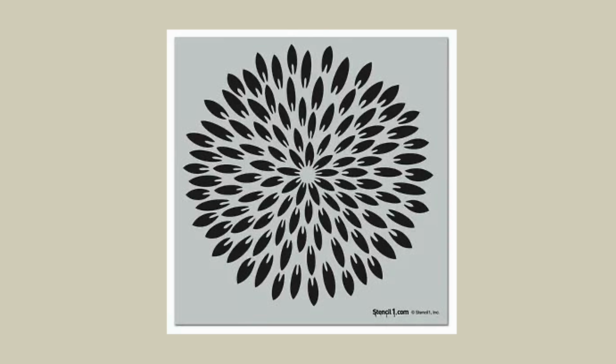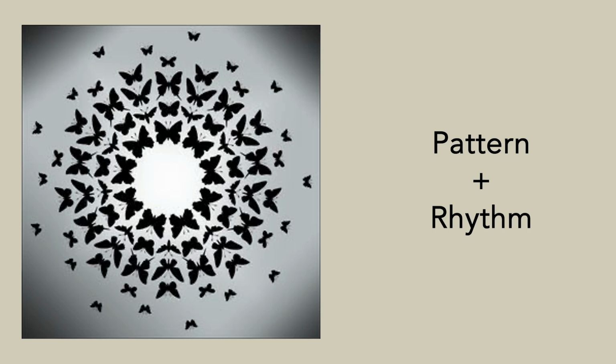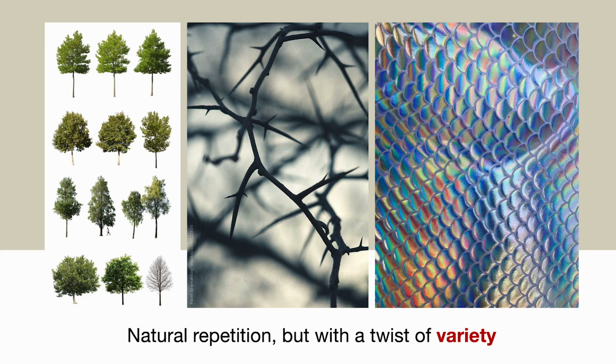It can be in the form of radiation, where the repeated elements spread out from a central point, or gradation, where the repeated elements become smaller or larger. It often works with a pattern, which makes it seem active, and rhythm, which helps to create different types of it. Picture trees, thorns, or fish scales in nature. That's natural repetition, but with a twist of variety.